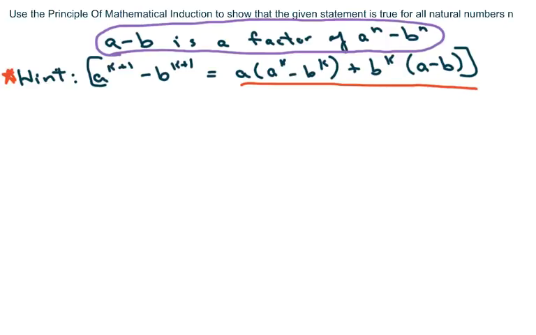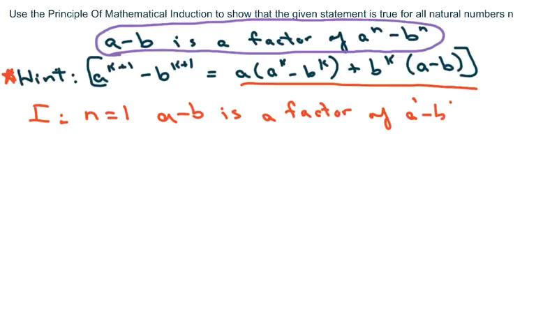And so here we get started. Condition 1: we're going to check for n equals 1. We write a minus b is a factor of a to the first power minus b to the first power, because this equals a minus b. That means you can divide a minus b by a minus b.